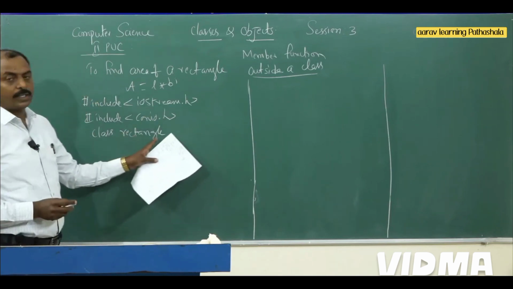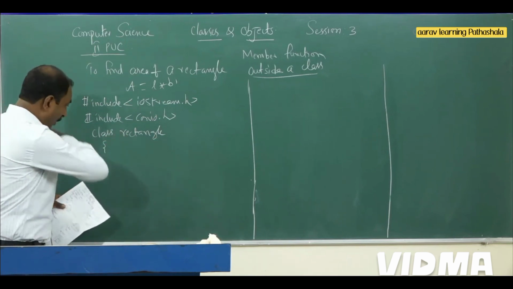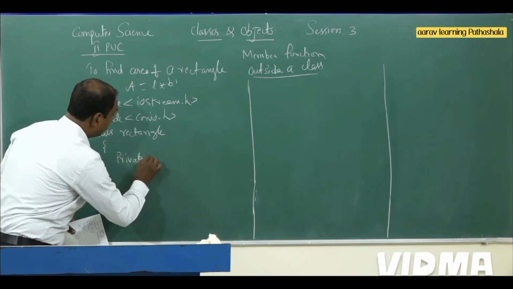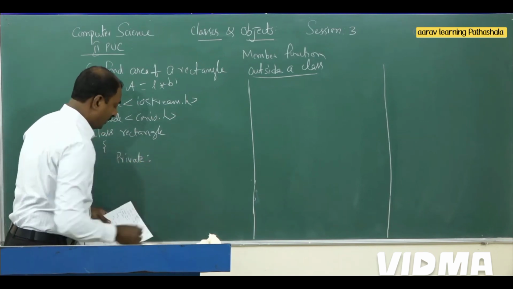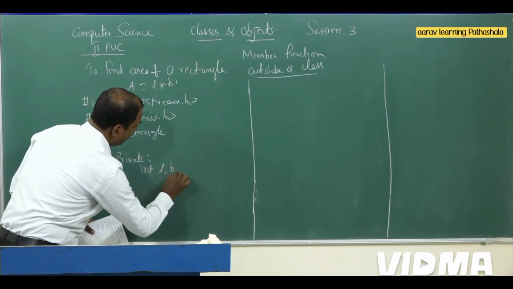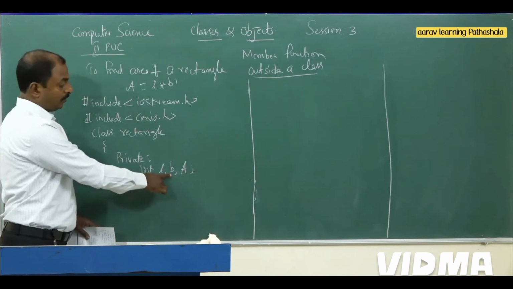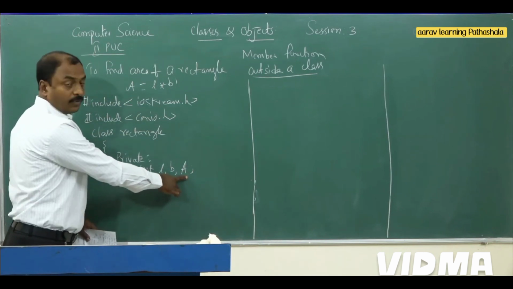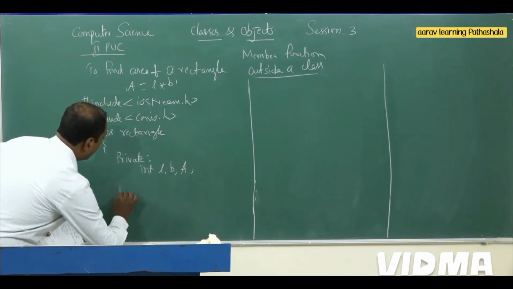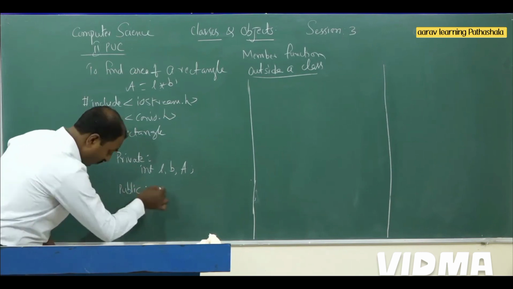Here rectangle is the name of the class. Open this flower bracket. Declaration of variables under the private access specifier, private colon, variables int L, B and A. L for length, B for breadth and A for area. After this, under public we have to write the functions.